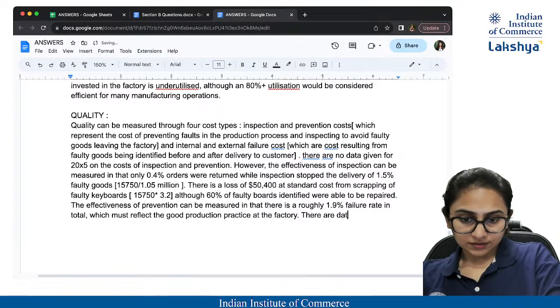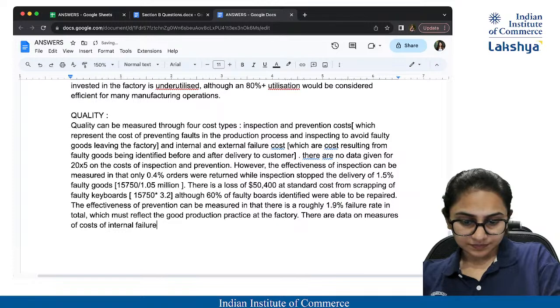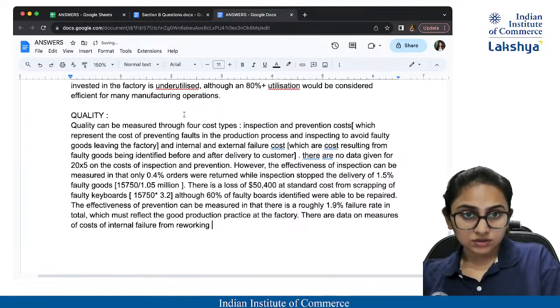There are data on measures of cost of internal failure from reworking. Right, the reworking cost is there. How much is it? 2.2, no?